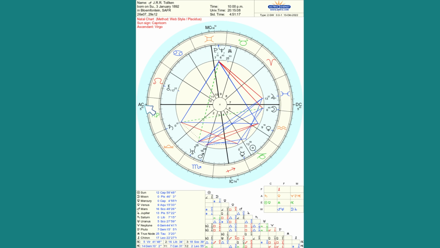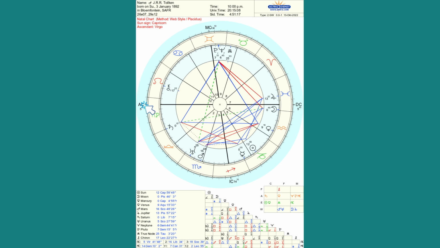Now, in the first house is where the ascendant lies. And across from the ascendant is the descendant. These are angles, and these are important angles in the chart.